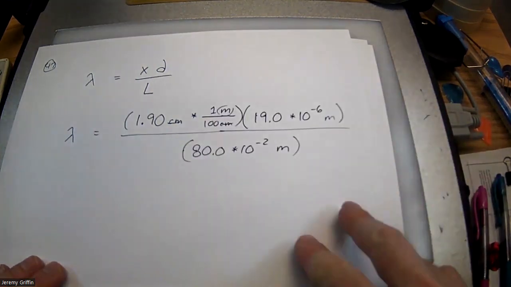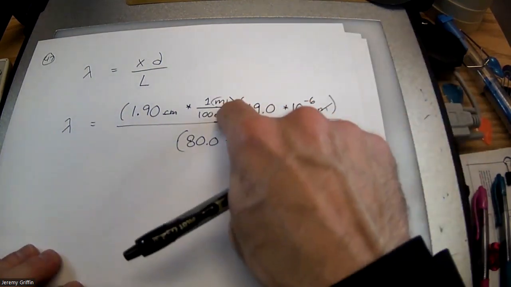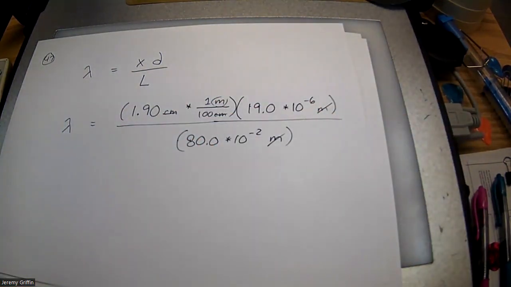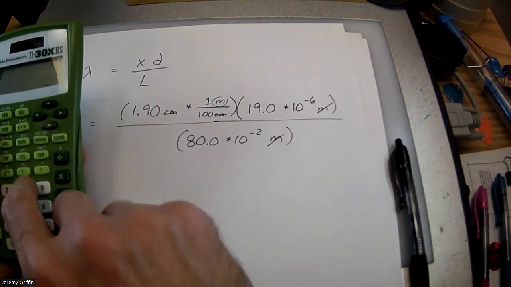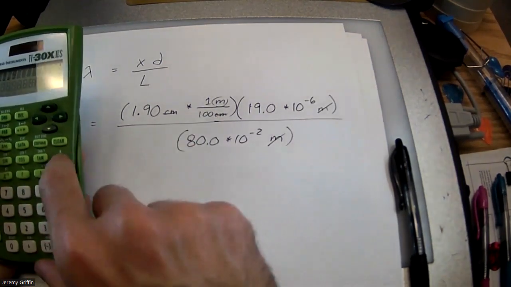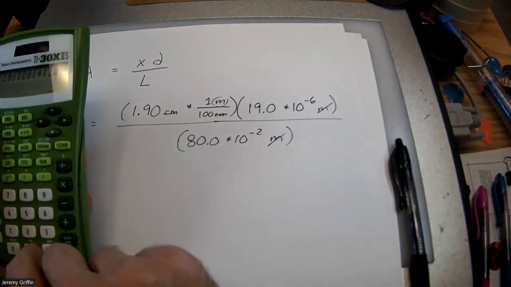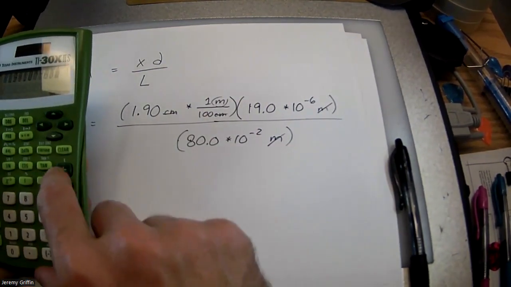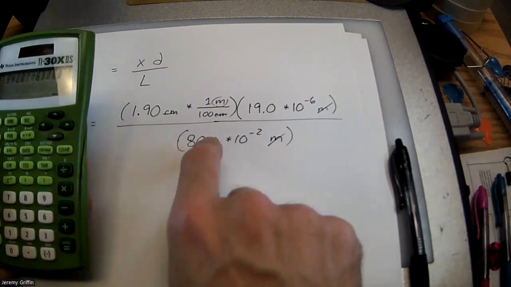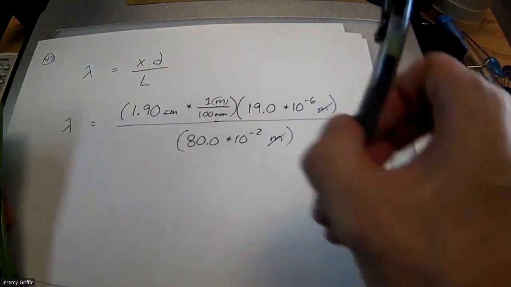So anyway, I get something in meters because the meters cancel out, which could measure a wavelength. We just did a unit check: meters measures wavelength. All looks good so far. Let's see, what is 1.9 over 100, times 19 times 10 to the negative 6, all divided by 80 times 10 to the negative 2.